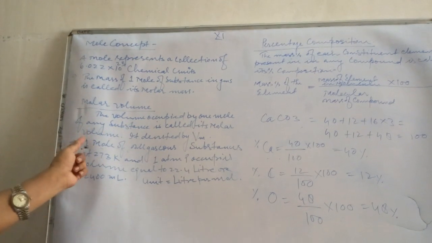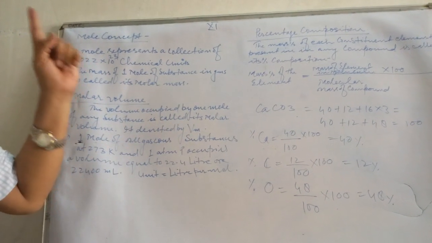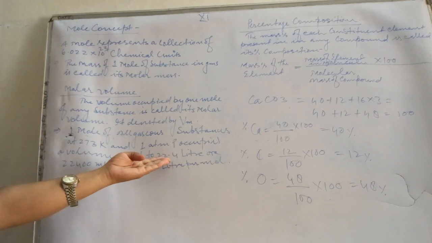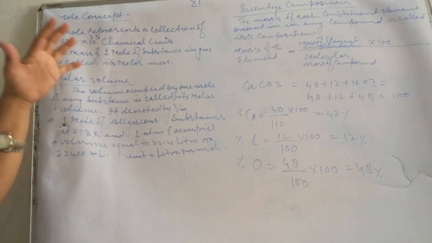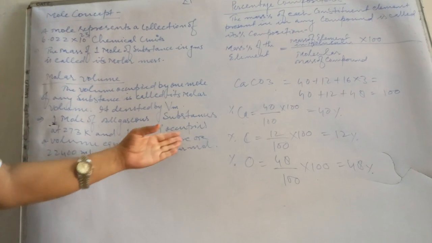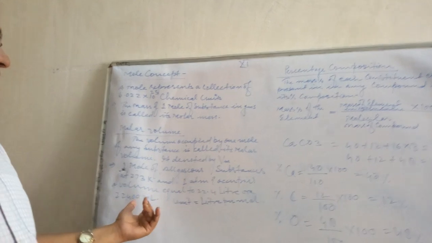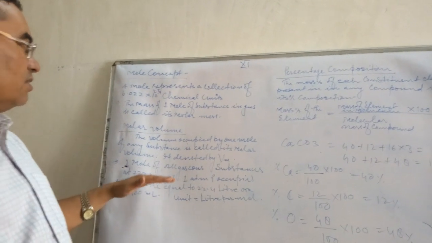Means at 273 Kelvin and 1 atmospheric pressure, 17 gram of ammonia will occupy the same volume, 22.4 liter. 44 gram of carbon dioxide will also occupy the same volume, and 2 gram of hydrogen will also occupy the same volume. Means this is molar volume. It is okay.